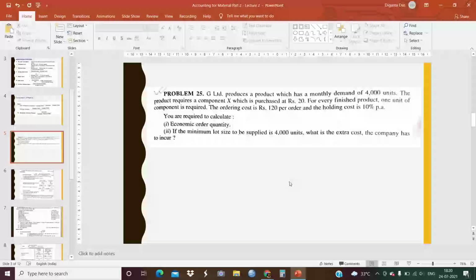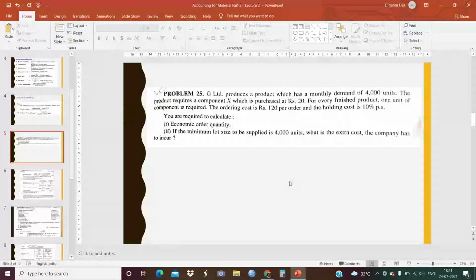In the last class we discussed that total cost is equal to the cost of material plus ordering cost plus average carrying cost. As the economic order quantity suggests, we should record the ordering cost per order, then the average carrying cost per unit per annum. Then how much quantity have we ordered?